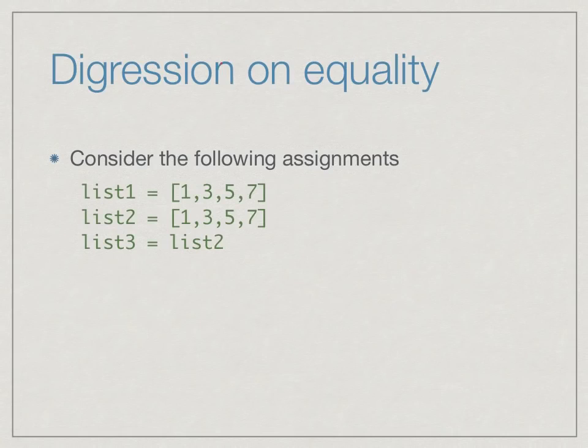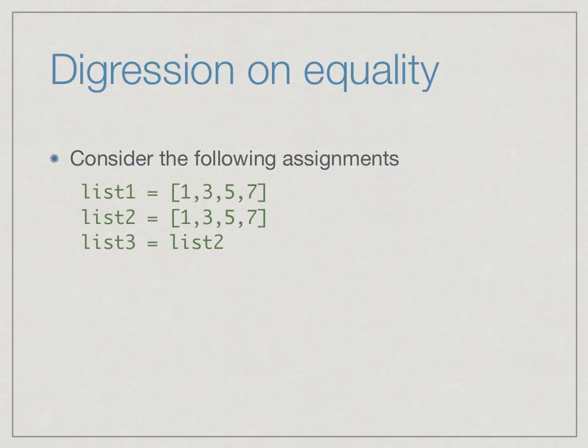So this leads us to a digression on equality. So let us look now at this set of Python statements. We create a list [1, 3, 5, 7] and give it the name list1. And we create another list [1, 3, 5, 7] and give it the name list2. And finally, we assign list3 to be the same value as list2, and this, as we said, suggests that list3 is actually pointing to the same thing.